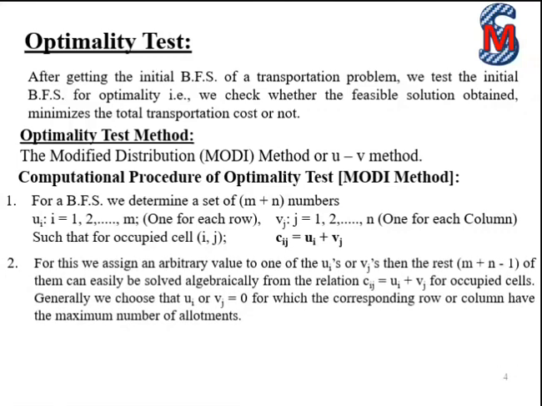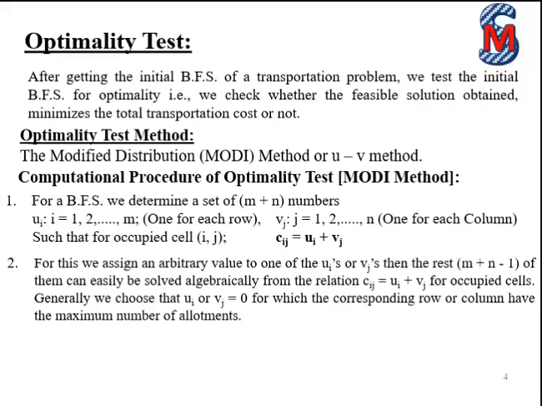Now, as we know that the number of allotted cells in the initial BFS is m plus n minus 1, in order to find m plus n numbers, we need to initialize one of the Ui or Vj equal to 0, and then the remaining m plus n minus 1 numbers can be easily solved by the relation Cij equals Ui plus Vj for the occupied cells.